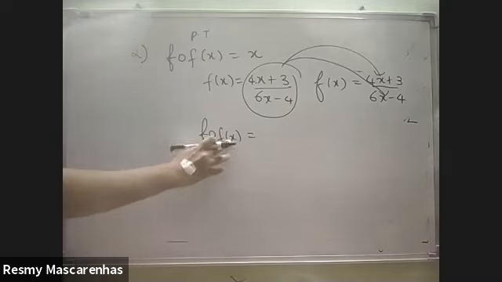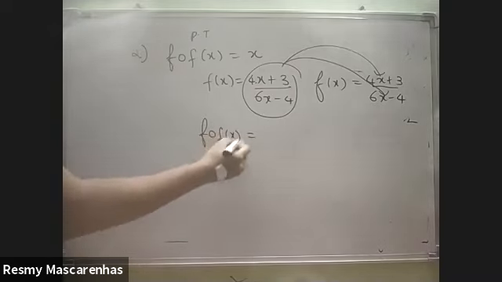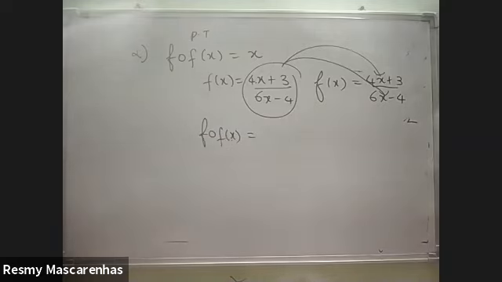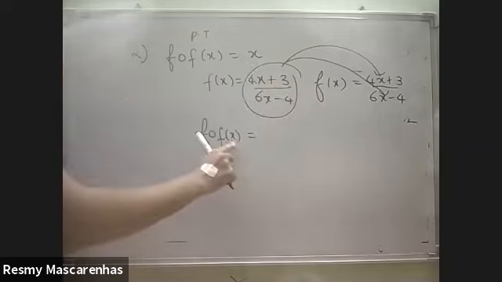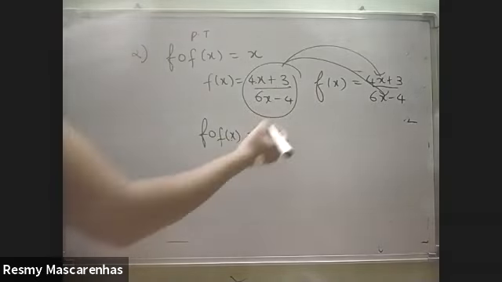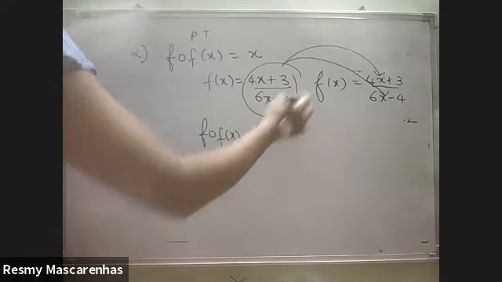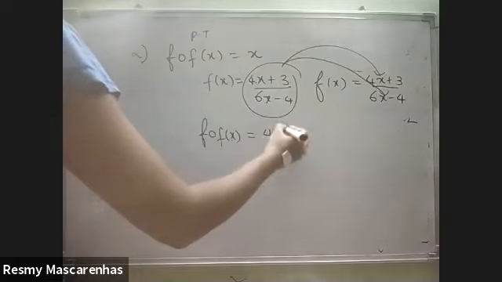Whether they write like this or simply like this, it means the same. Even if they write like this, f of x, it means the same, because if they are writing in terms of x, that's why it will be x. So instead of x, this full thing will come.